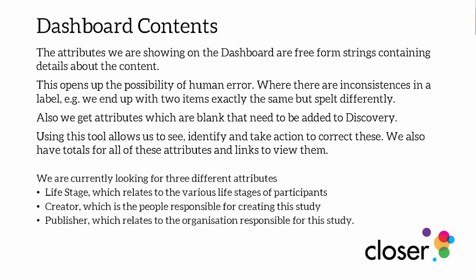Also, we get attributes which are blank that need to be added to Discovery. Using this tool allows us to see, identify, and take action to correct these. We also have totals for all of these attributes and links to view them.